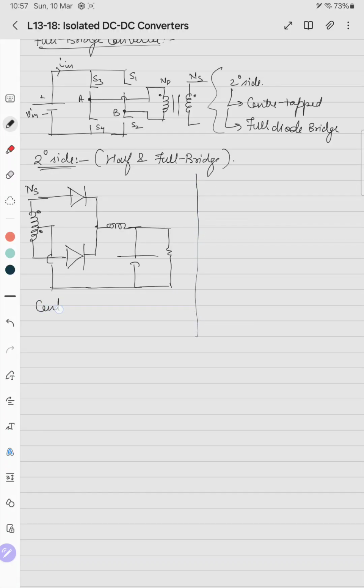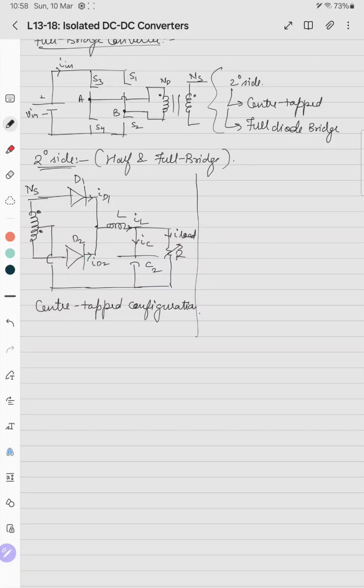This is center tapped configuration, where these are diodes D1, D2, capacitor, say it is C2, and this is R. So this is I load, this is IC, and this is IL. Then we can draw ID1, ID2.